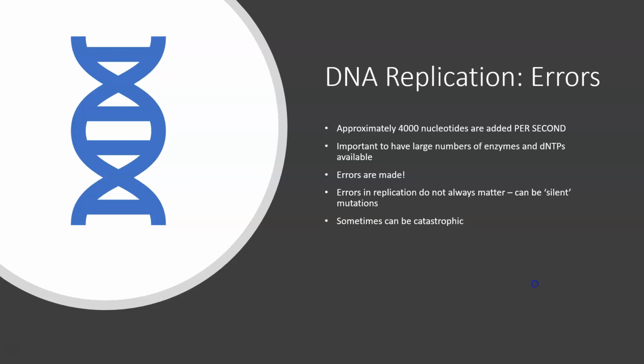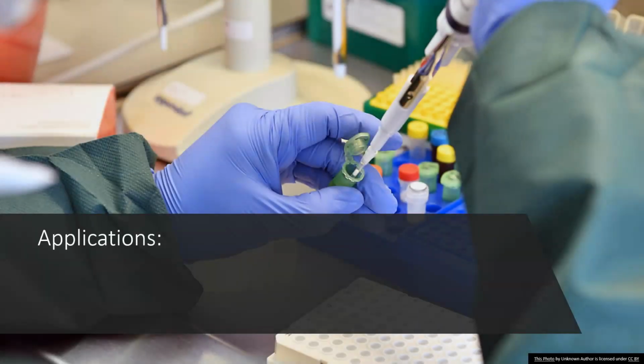However, sometimes these errors can be catastrophic. So how is accuracy ensured? Well, we have complementary base pairing. We have enzymes that can detect and repair any errors. Because base pairing is quite simple, it's easy for enzymes to go along and check, but it is a process that's continuously having to be checked for errors because it's happening so quickly.